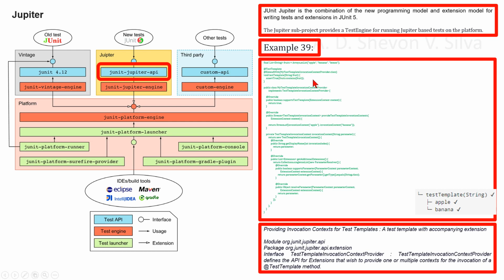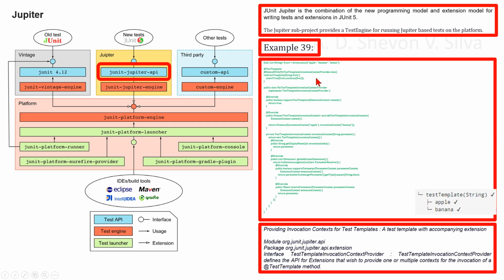A test template method can only be executed when at least one TestTemplateInvocationContextProvider is registered. Each such provider is responsible for providing a stream of TestTemplateInvocationContext instances.